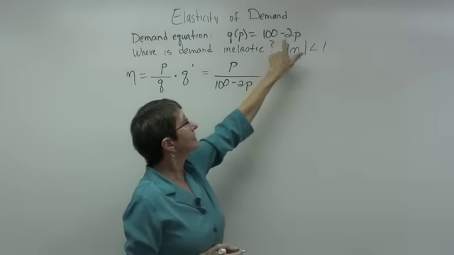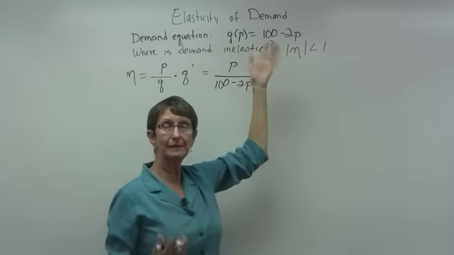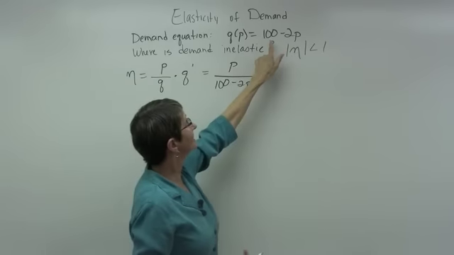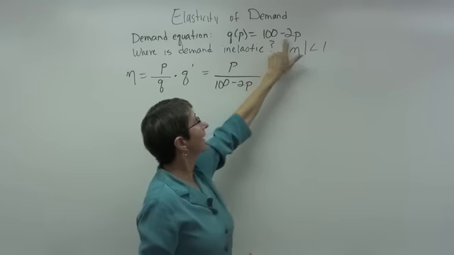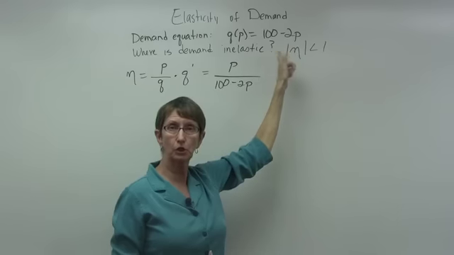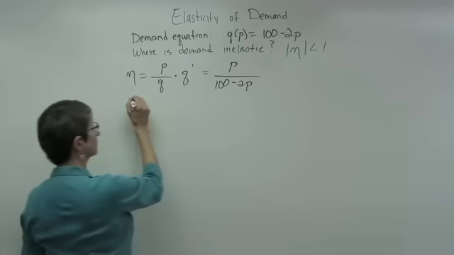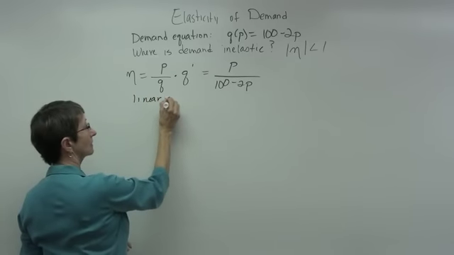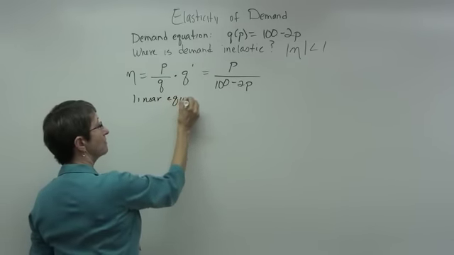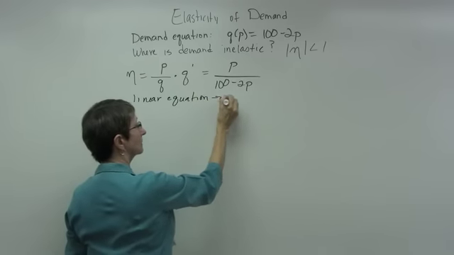But look at this and think about y equals mx plus b. This is actually b plus mx. This is a linear demand equation. So if it's a linear equation, then that means that the slope is the derivative.